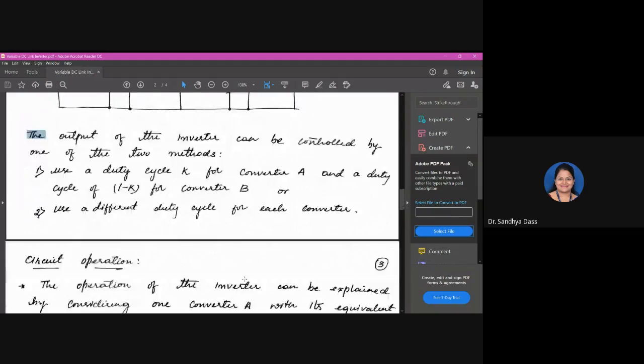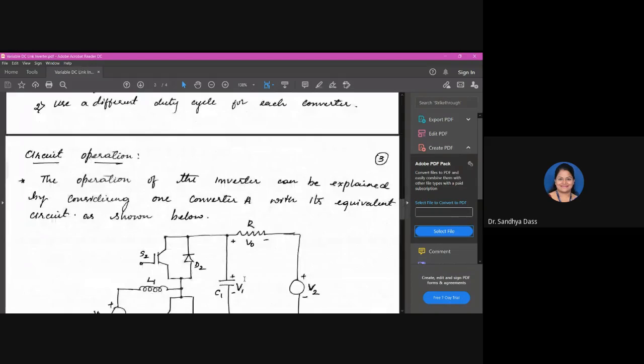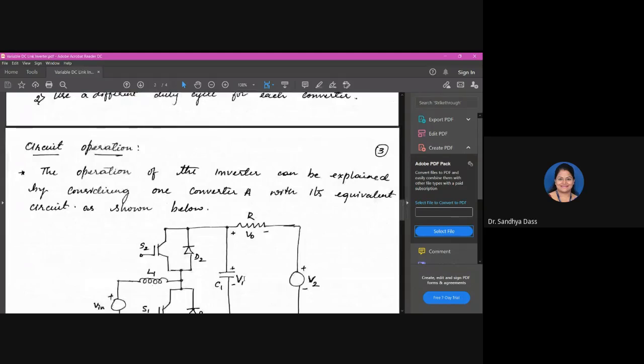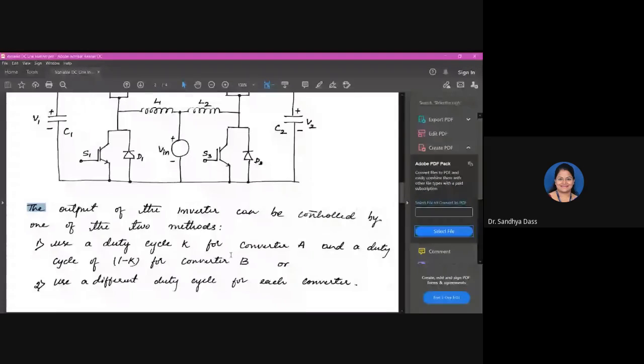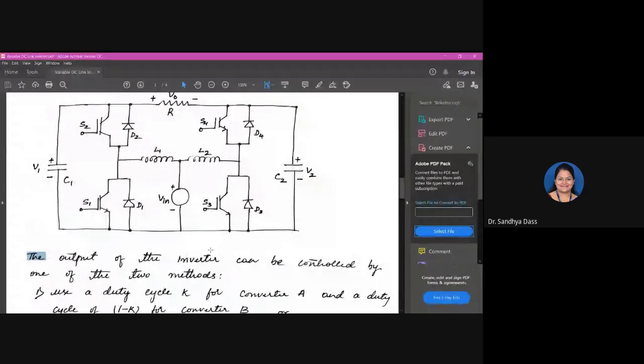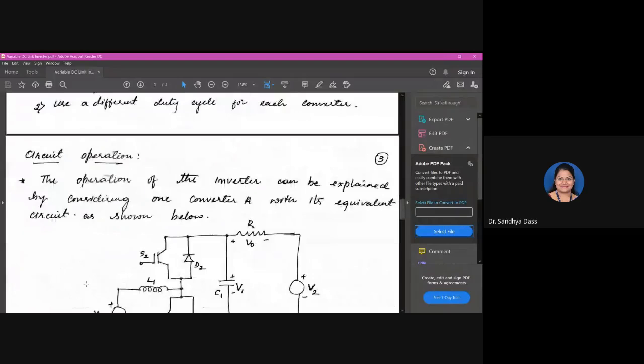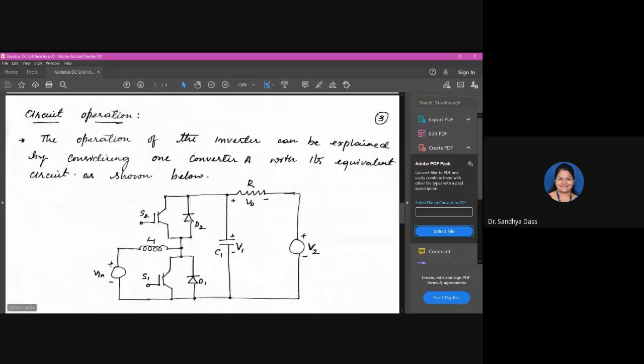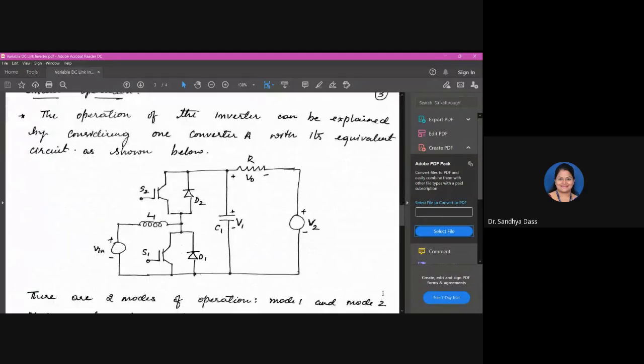The circuit operation can be explained by considering one converter here, just to simplify things. Say consider only one converter, this part, and observe its working. So this circuit is the equivalent circuit of converter A. I will give you some time to understand this circuit. Would you like to take down this circuit?